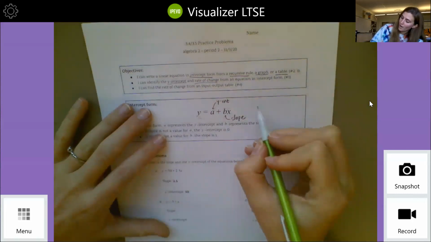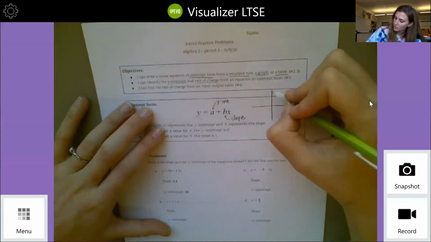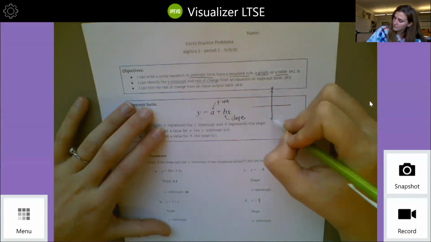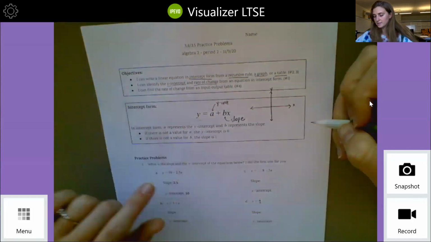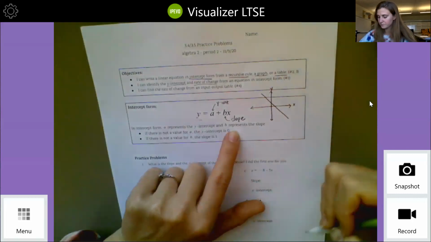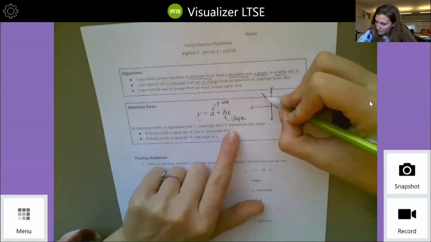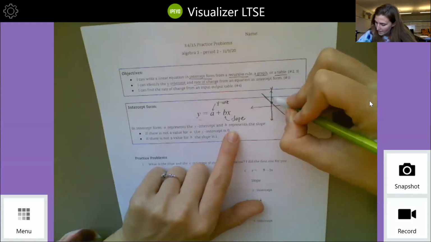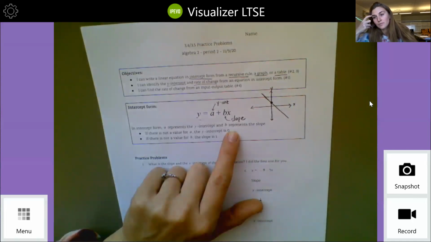So remember what the y-intercept is. If we have our coordinate plane, we have our y-axis and our x-axis, and we have a line. This point right here, where the line crosses the y-axis, that is our y-intercept.